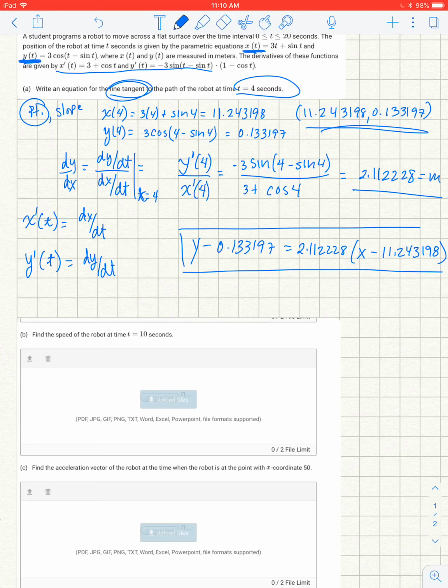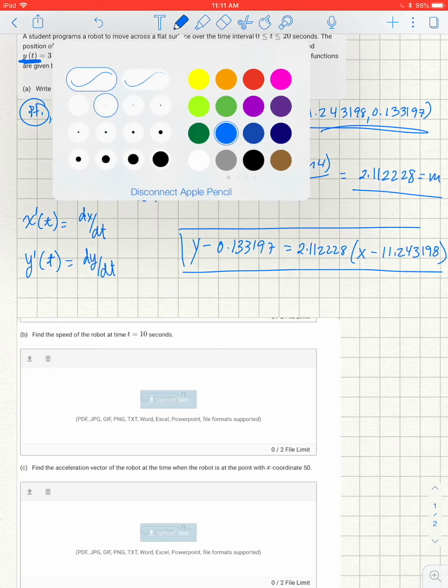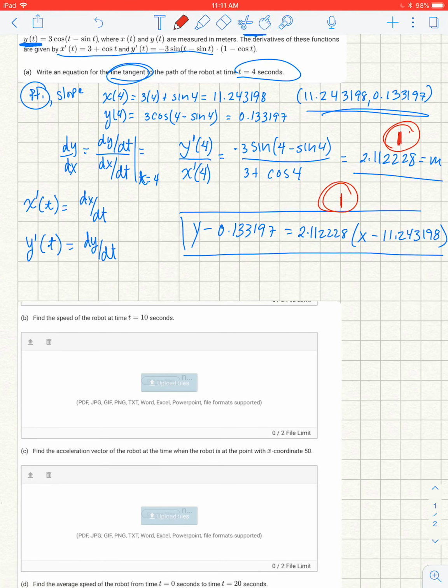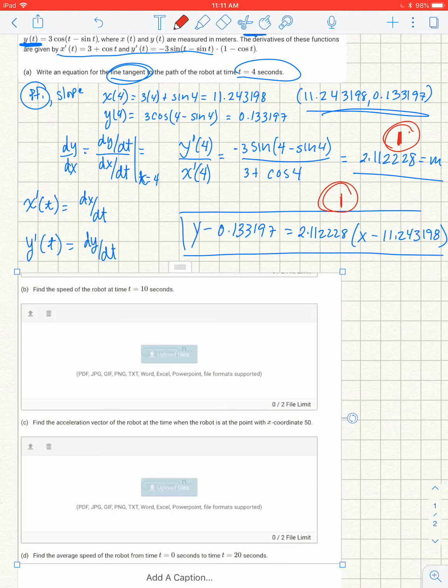So the things they are going to give you points for: this is only a 2-point question, so you would get 1 point for the slope and 1 point for the equation. All right, now let's go over speed.